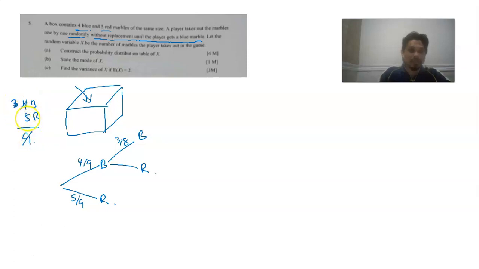The total is now 3 plus 5 equal to 8. Then the red is still 5, so 5 over 8.